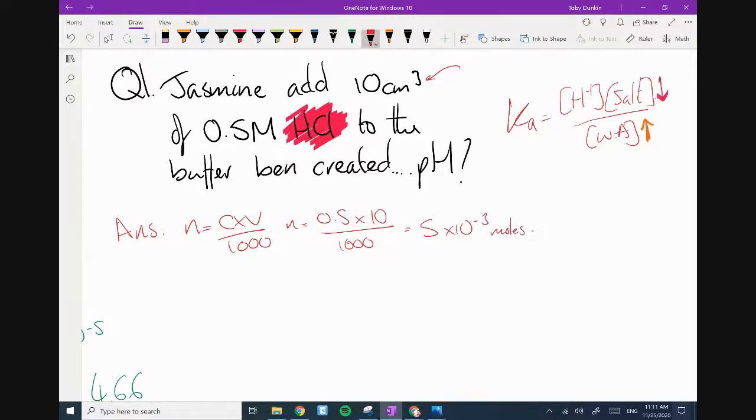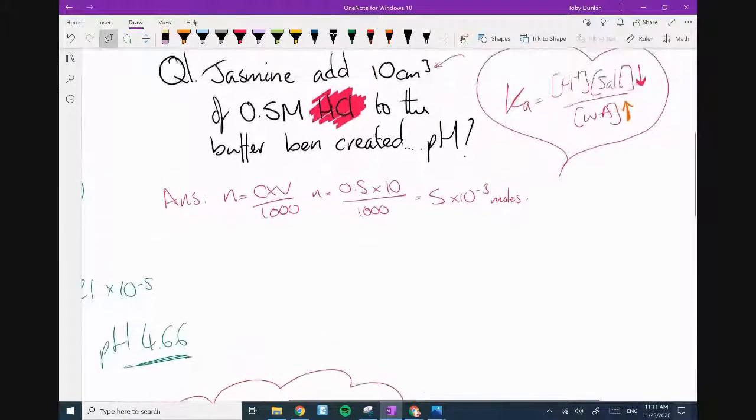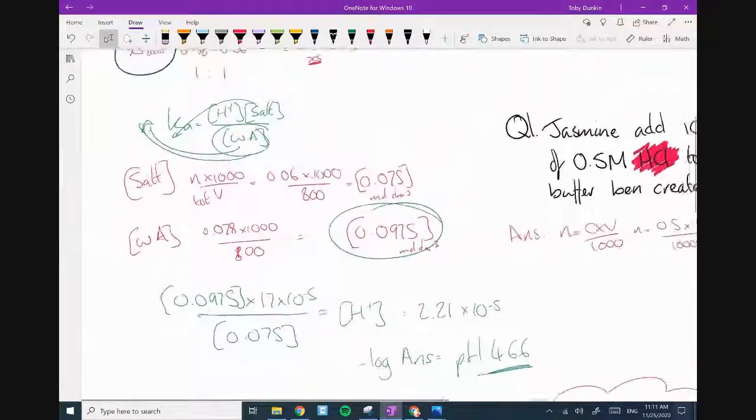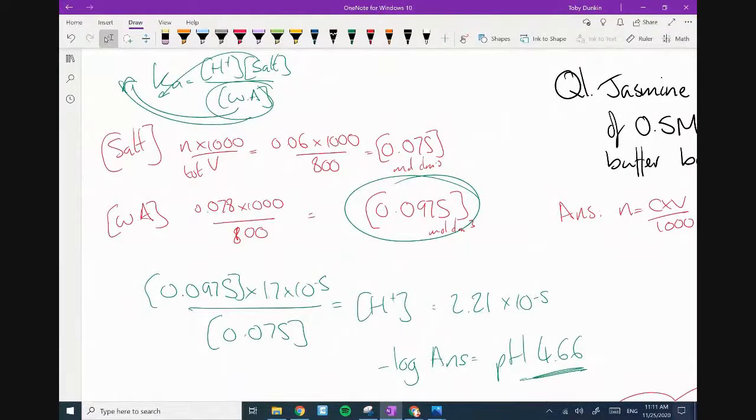Right, now I can use my roadmap. Salt's going to go down by that many moles. How many moles of salt were in the buffer originally? The great thing is we already had it from our previous calculation. The moles of salt is there. We've already done it.